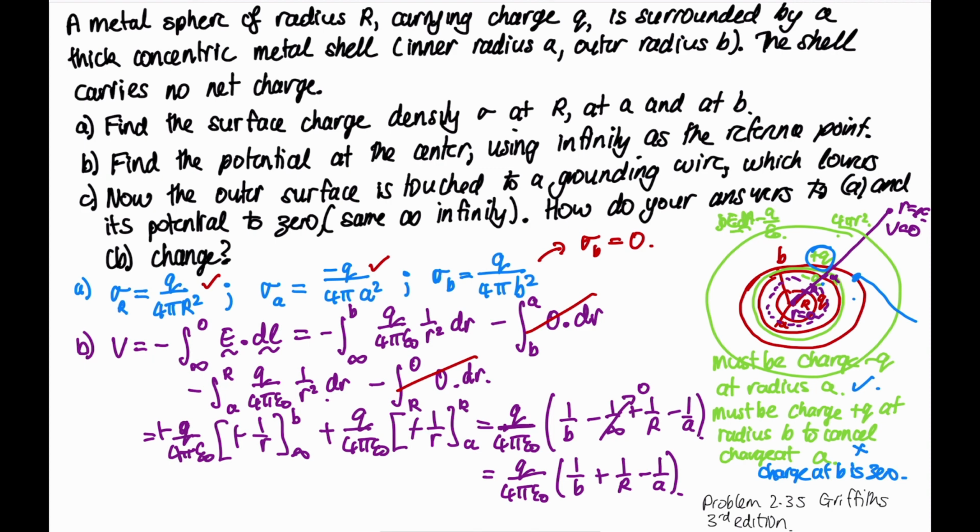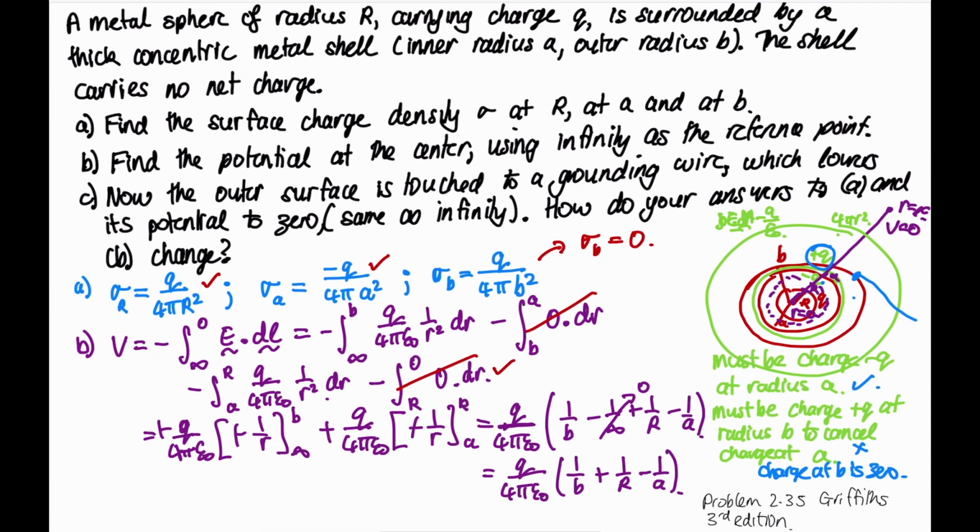So, working our way out, this part remains the same. There's still no electric field inside the conductor. Now we've still got the charge Q at radius R, so this second part is going to remain the same as well. Between A and B is still inside the conductor, so that part remains the same as well.